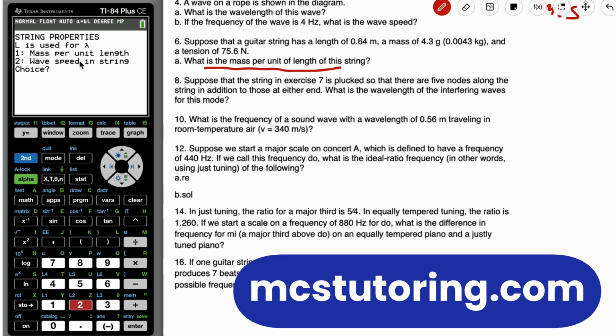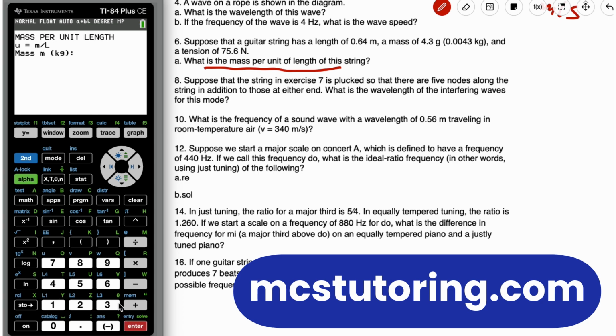So we want mass per unit length, option 1. The mass is in kilograms, so I have to pay attention here. 0.0043. There we go. And then the length is 0.64.